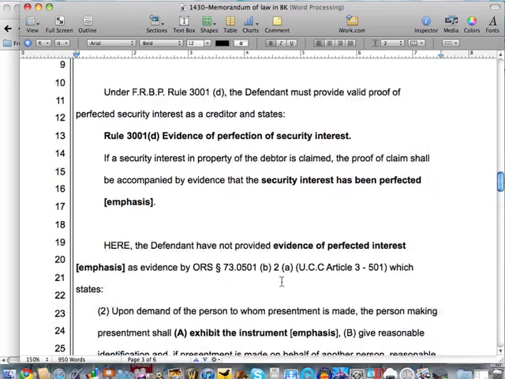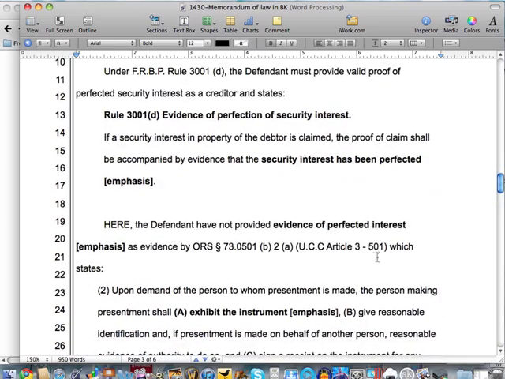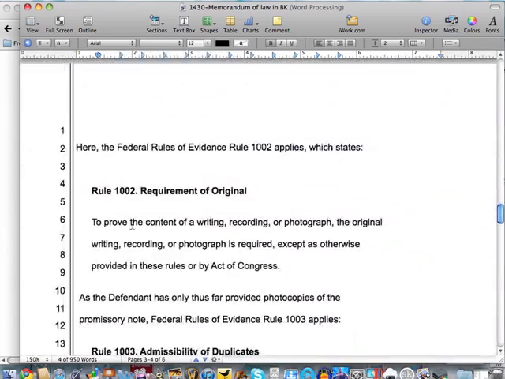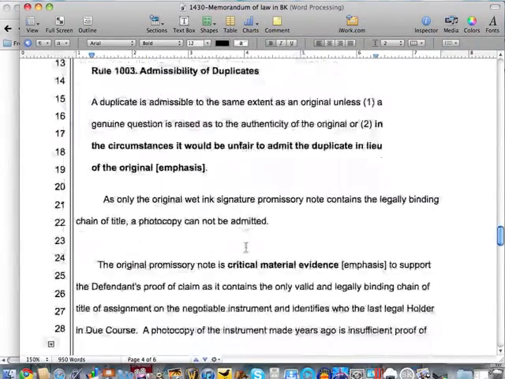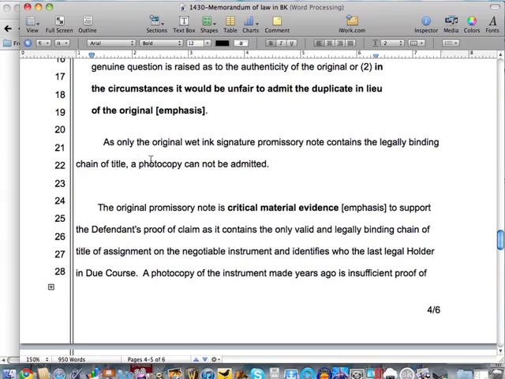Okay, so then I go on to say that under UCC 501, upon demand they have to exhibit the instrument. Okay, and then I quote the Federal Rules of Evidence, admissibility of duplicates. So they have to provide the original. A photocopy cannot be admitted.